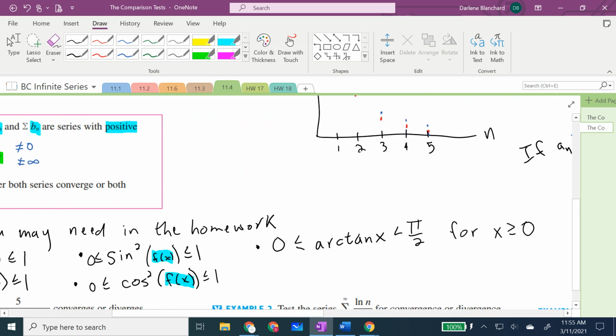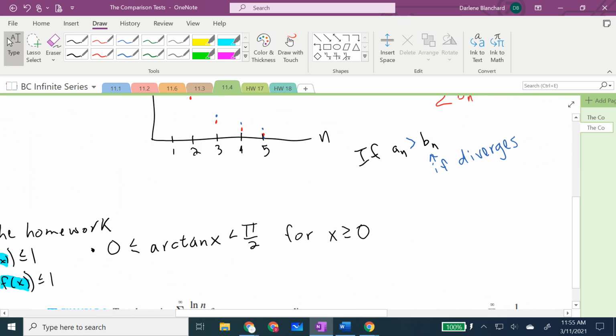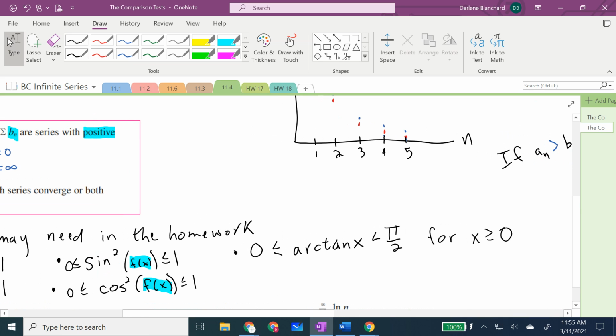Additionally, with inverse tangent, as long as you are inputting 0 to infinity, if you remember the graph of arctangent, it's asymptoting up to pi over 2. And that allows you to write this inequality.